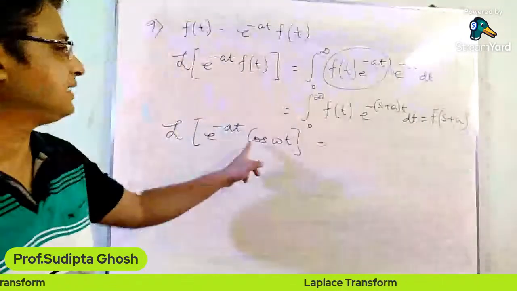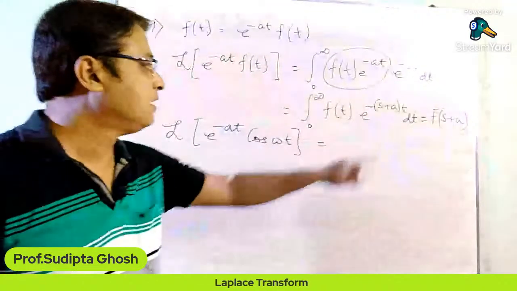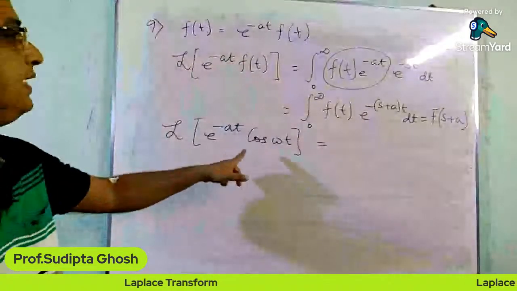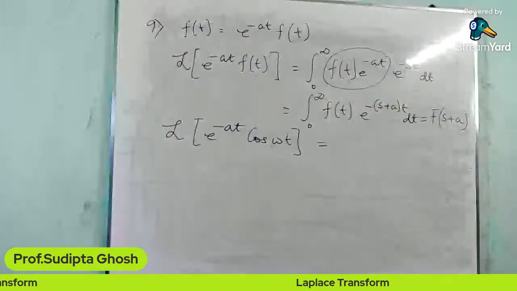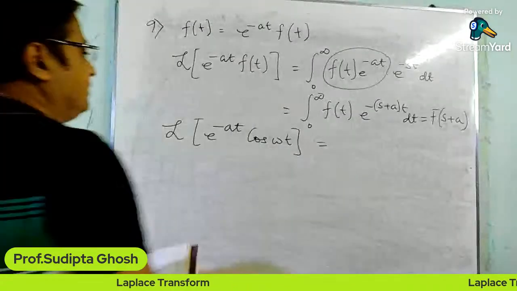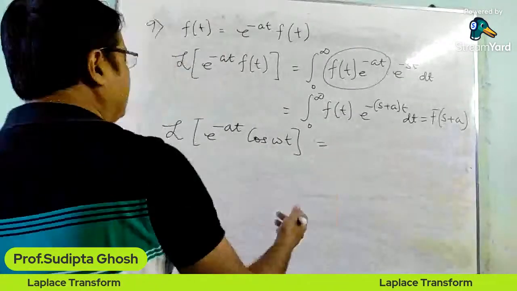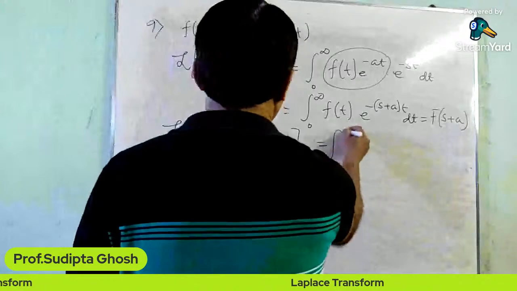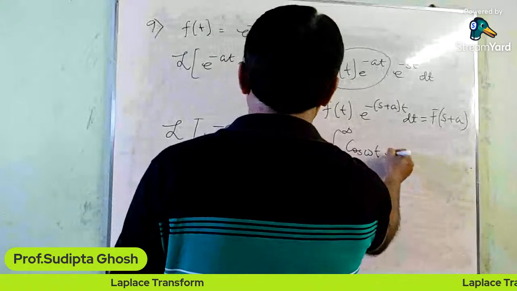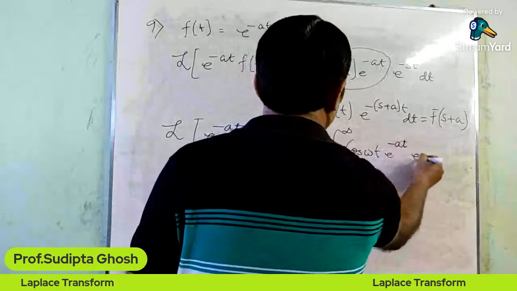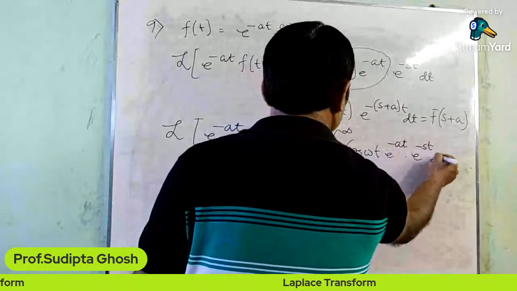Now what is the function here? The function is cos omega t. Expanding this, we can write it as the integral from 0 to infinity of cos omega t, then e to the power minus at, and e to the power minus st dt.